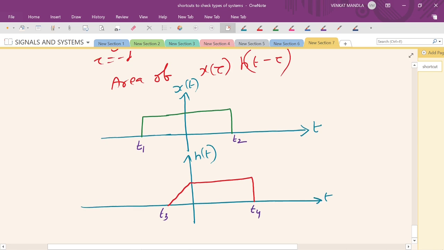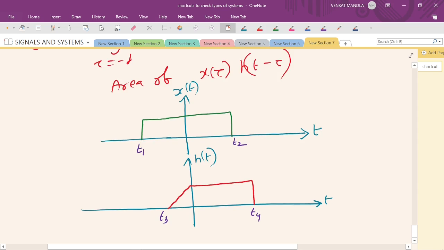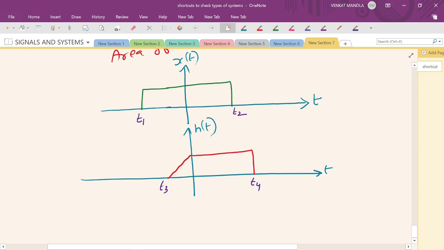Let us say x of t and h of t are available.